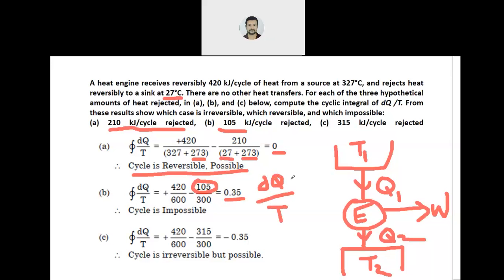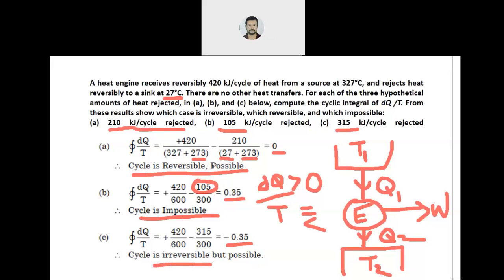Just now I told you, is it possible? No. It will be either equal to 0 or less than 0. So here it is coming greater than 0, so it is impossible. For the third case, Q2 is minus 315. Put the values, solve. You are getting a negative value. Minus means dQ by T is less than 0, and less than 0 means it is the irreversible case.